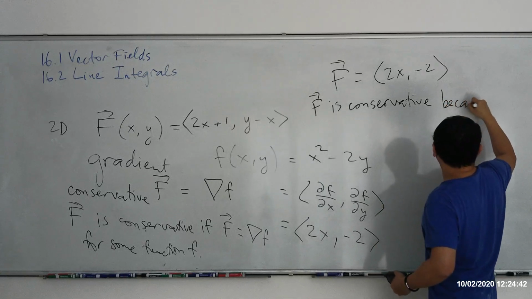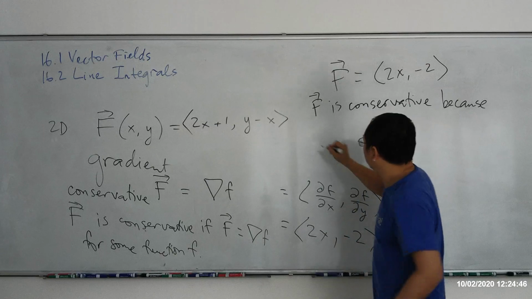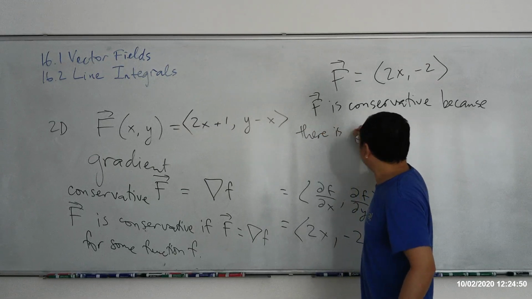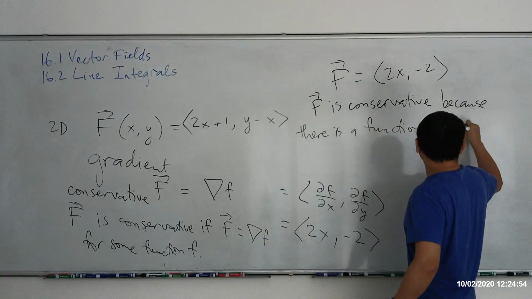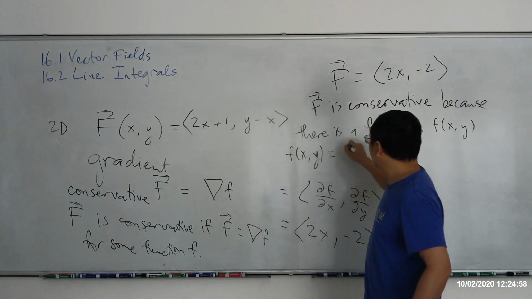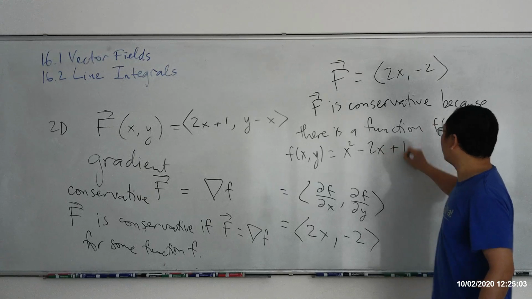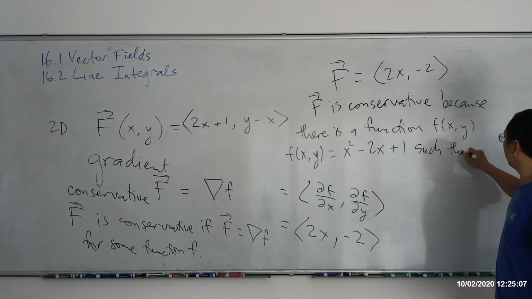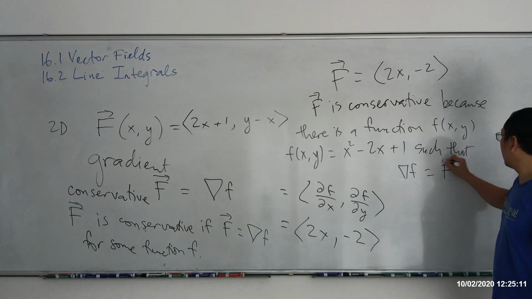Because we can find a function f(x, y), where f(x, y) is equal to, say, x squared minus 2y, such that the gradient of f is equal to big F. Okay?